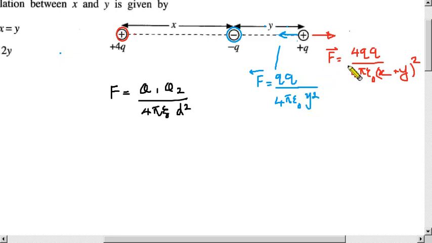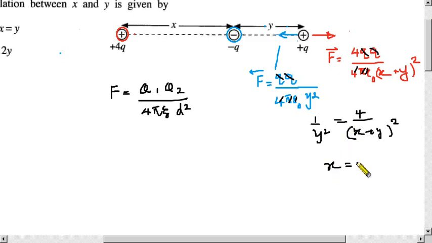So equating these equations also, you can cancel these q and 4 pi epsilon naught. We get the same equation, 1 over y squared equals 4 divided by x plus y squared. So you get x equals y.